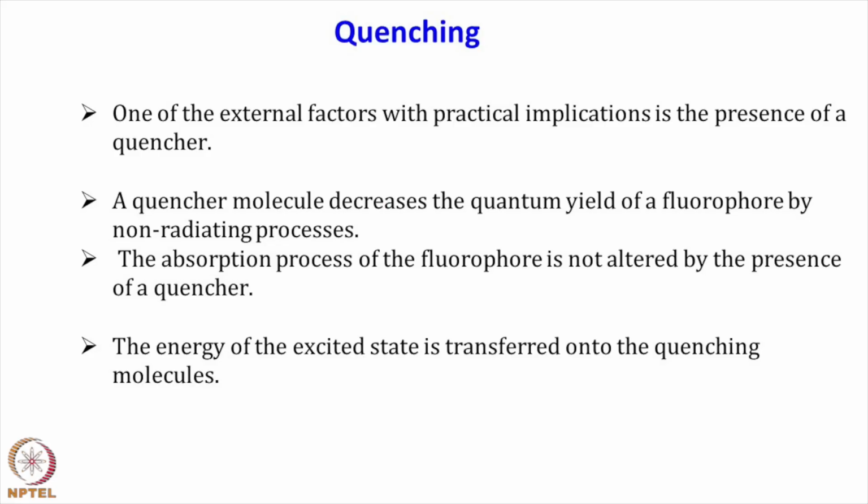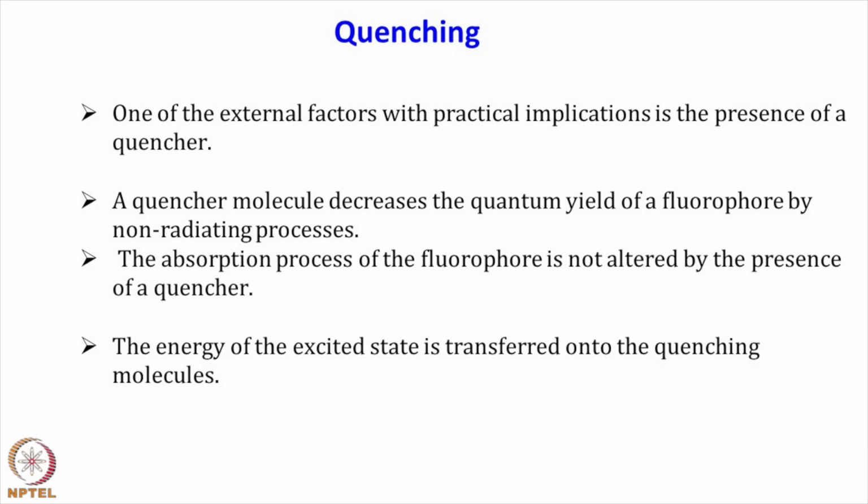So, it is an external factor with a practical implication. In presence of a quencher, it just takes down the fluorescence, and even the quencher has some role to play in understanding the protein dynamics. It is a molecule that decreases the quantum yield of a fluorophore by a non-radiative process.